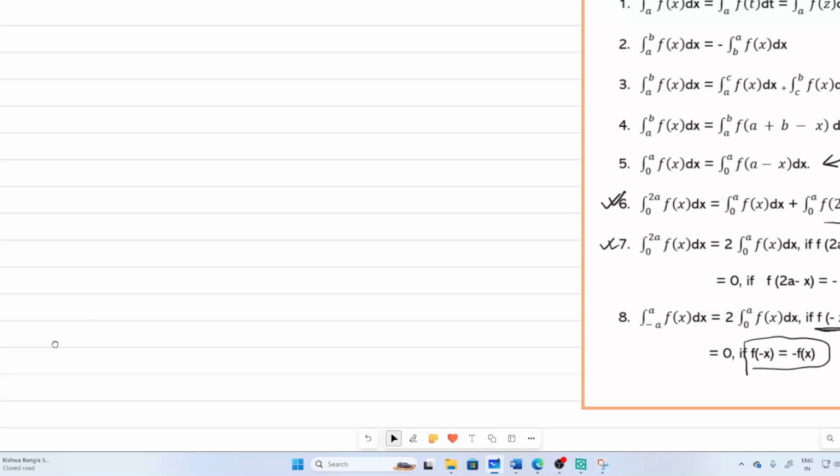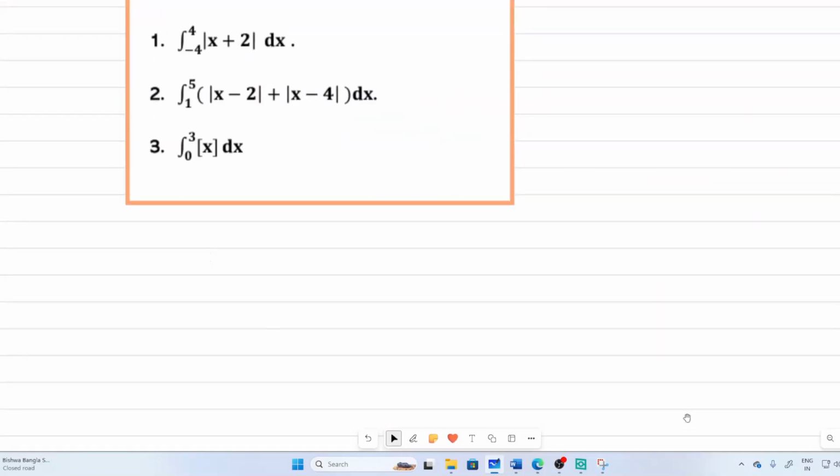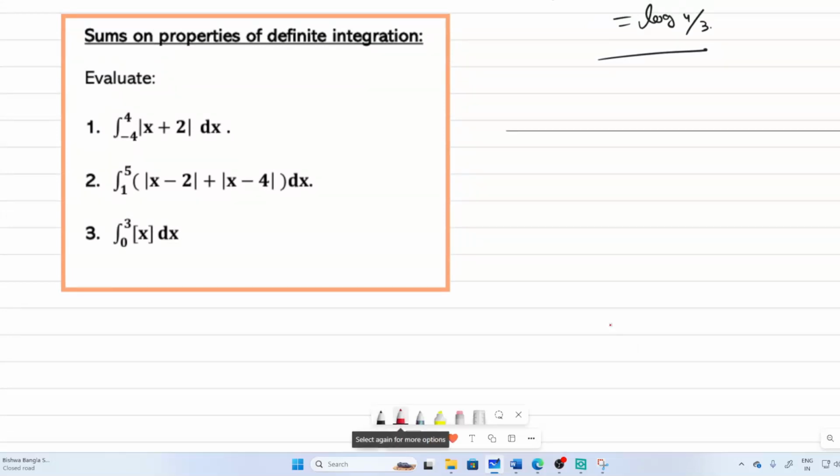Then you can proceed easily. When you write mod x plus 2, it is better to plot it on a number line. Draw the number line in your board paper, it looks good. So you will write it in this manner.